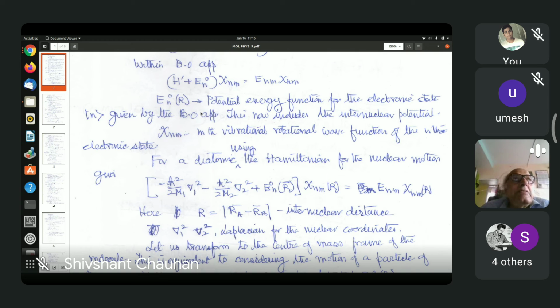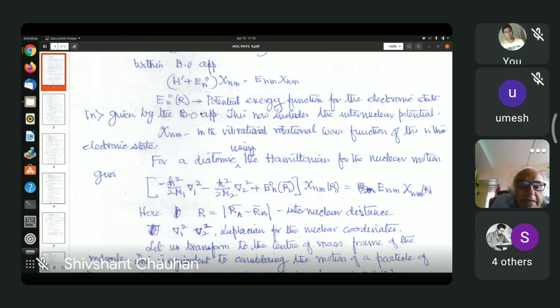The description of nuclear motion needs quantum numbers. And since we are dealing with diatomic molecules, we can say that the Born-Oppenheimer potential is simply dependent on the separation of the two nuclei, that is, a scalar internuclear distance.